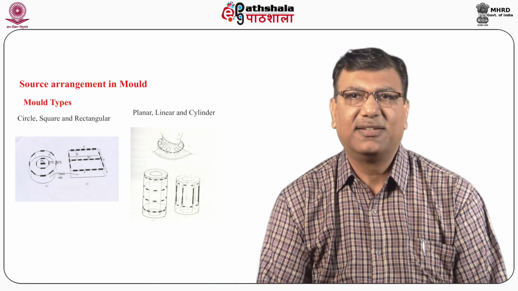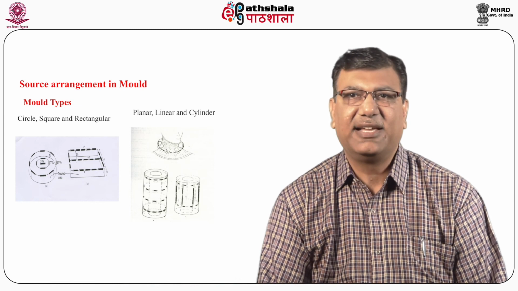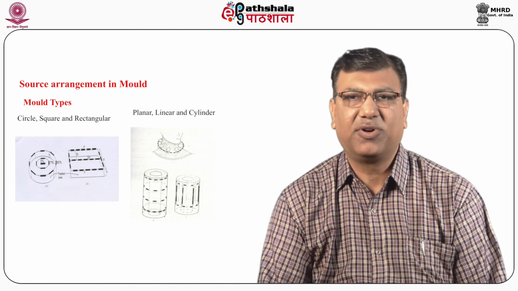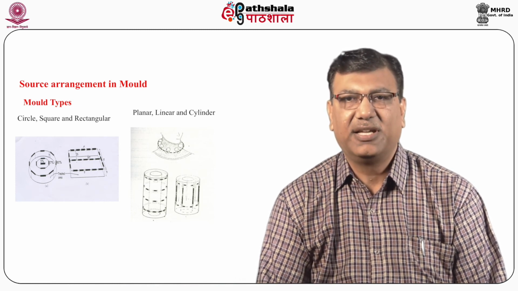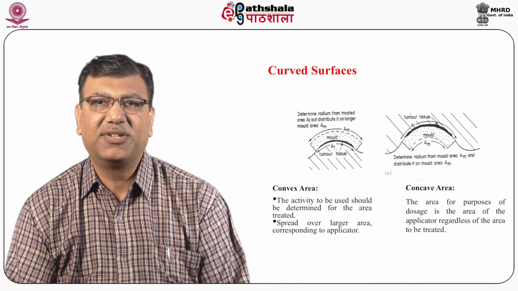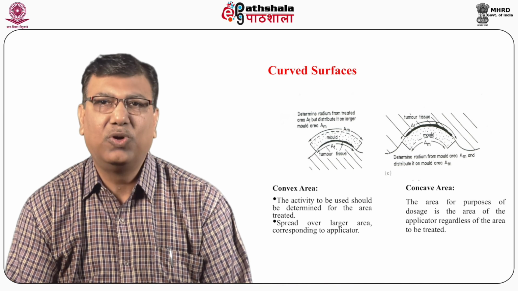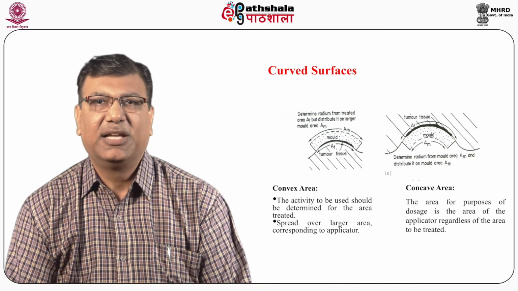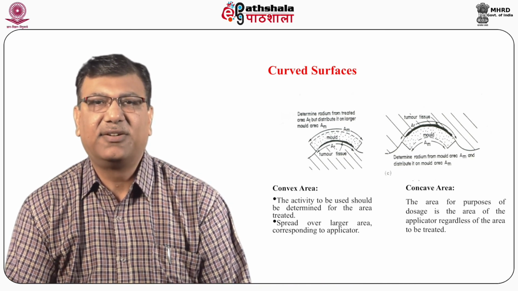On the other side, a linear and cylindrical type of source arrangement is also there. Now, for a curved surface, this picture shows how the mold is prepared when the surface is curved.